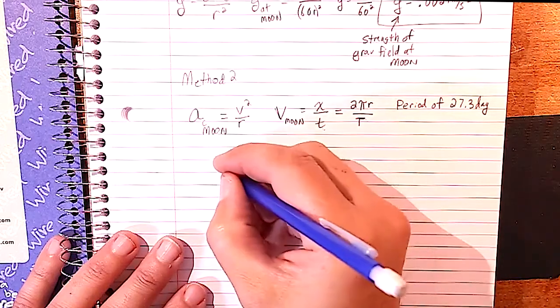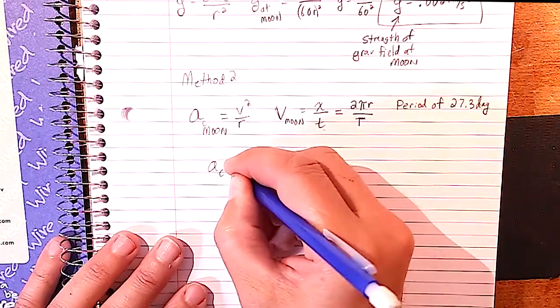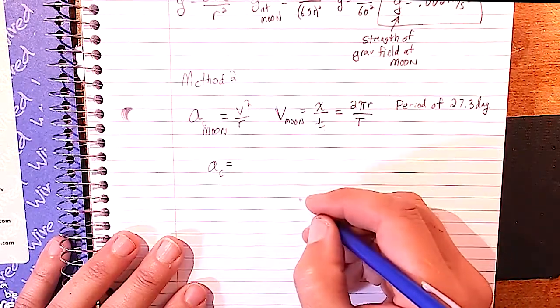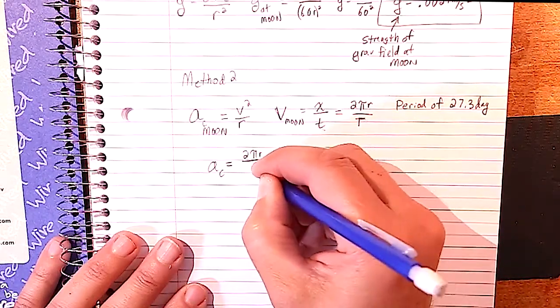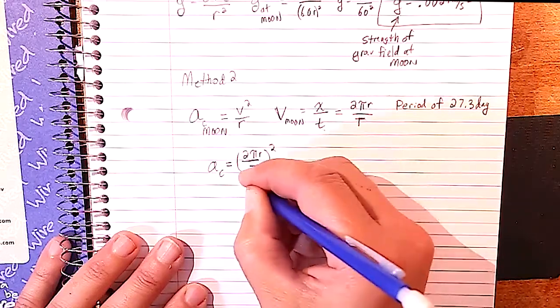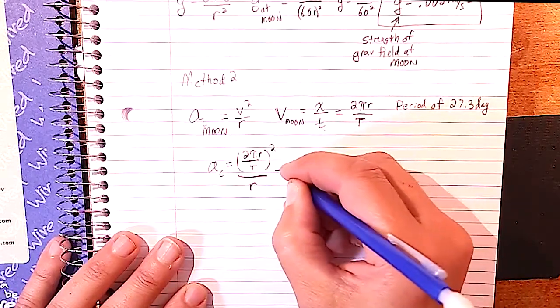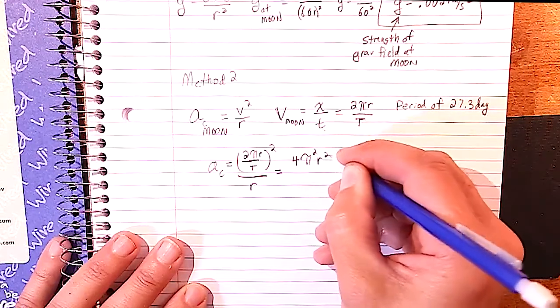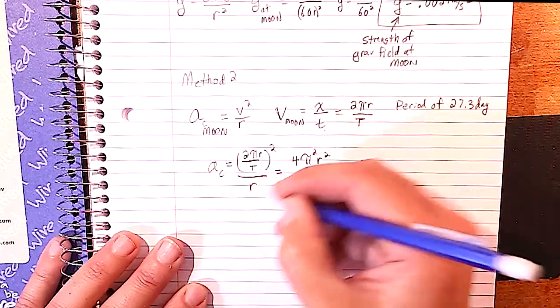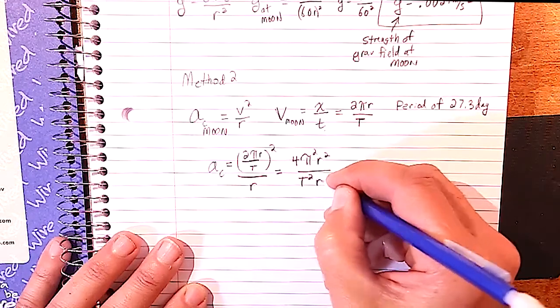So now we can say a_c is equal to v squared over r. Well, what's v? That's (2 pi r over T) all squared over r. That comes out to be 4 pi squared r squared over T squared r.